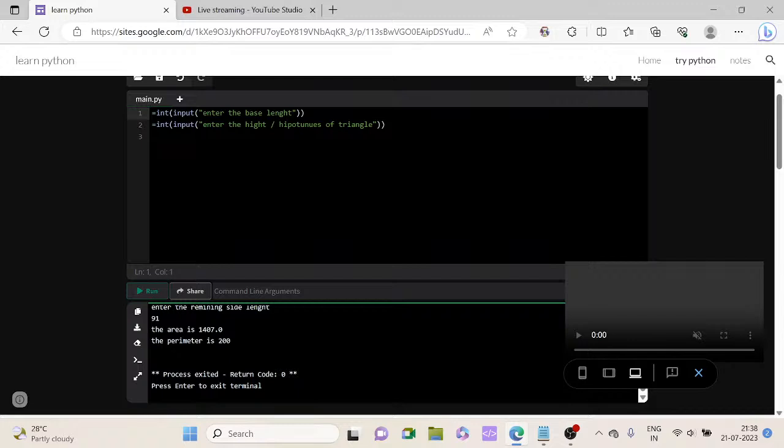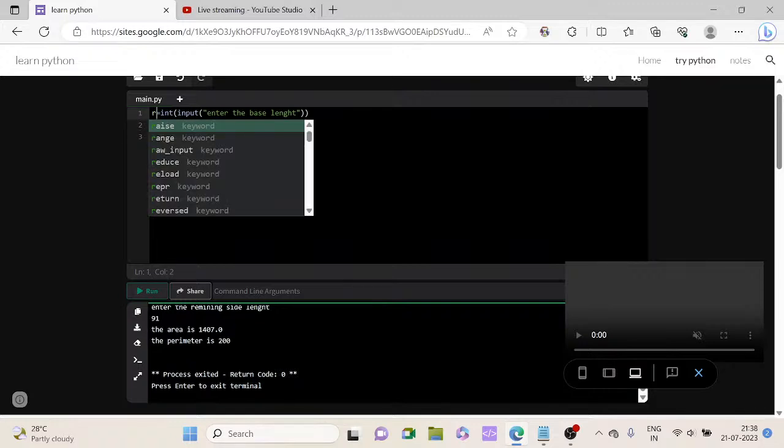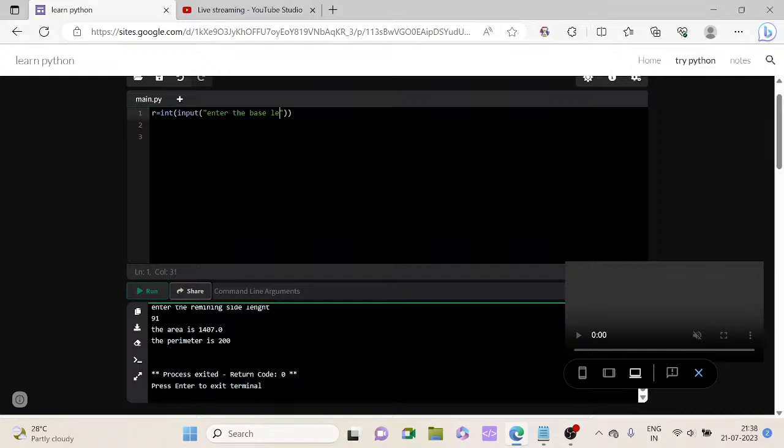With the radius itself you can do it. So R only is needed. R equal to input, enter the radius.